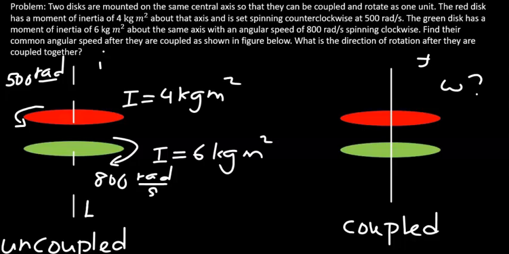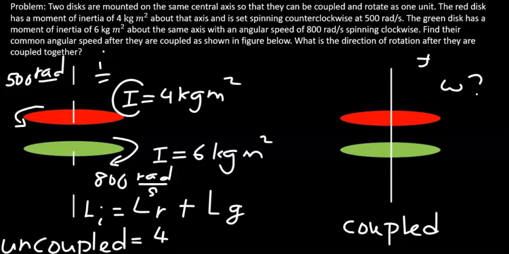So let's calculate the angular momentum of the system in its initial state. There are two contributions, the angular momentum of that red disk and the angular momentum of that green disk in the initial state. The angular momentum of that red disk is its moment of inertia, which is 4, times its angular speed, which is 500 radian/second in a counterclockwise direction.